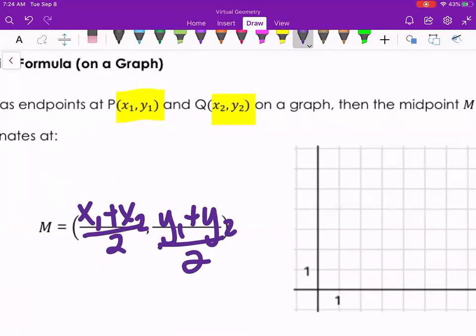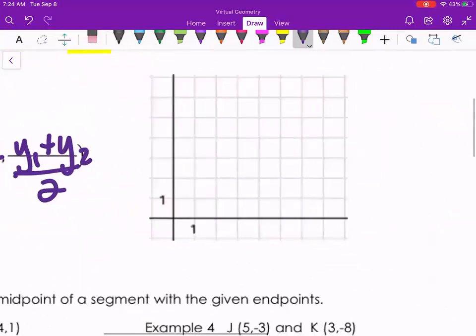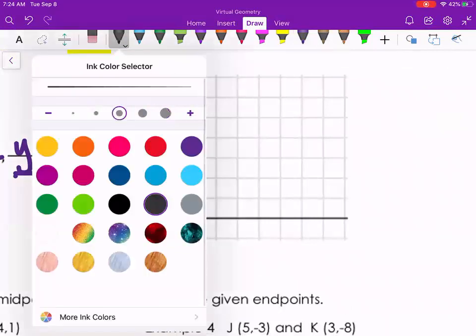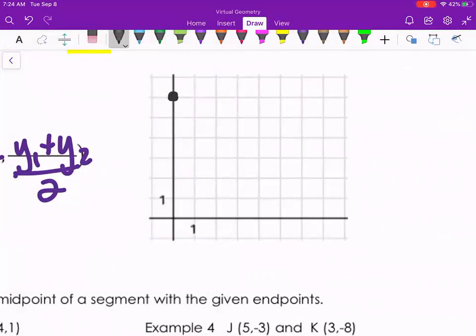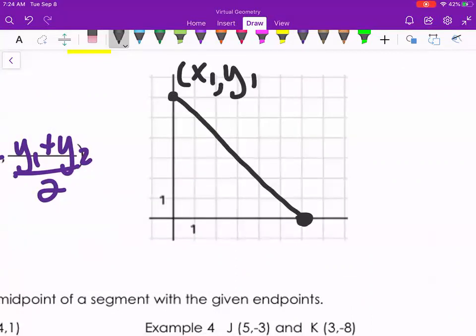So let's see where all this ends up when we put it on our graph. Our first point up at the top is x1, y1. Our other point, down towards the bottom, is the second point, x2, y2.